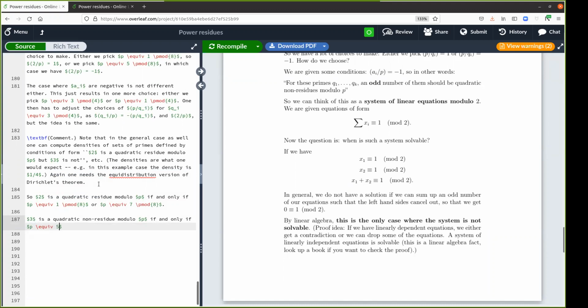Five and 7, I guess. Modulo 12. No, that's not right.